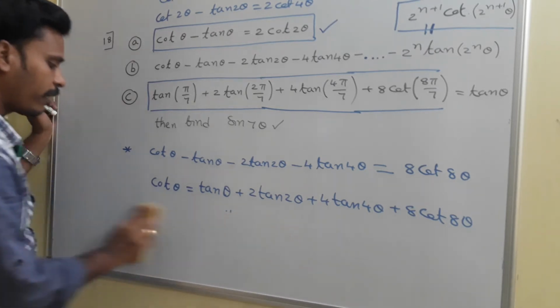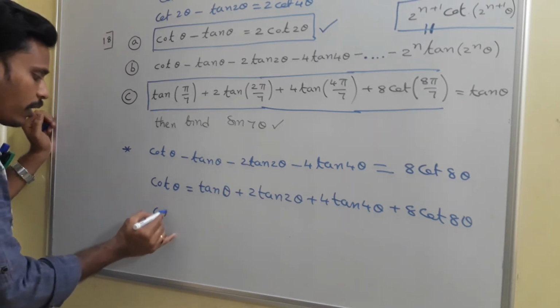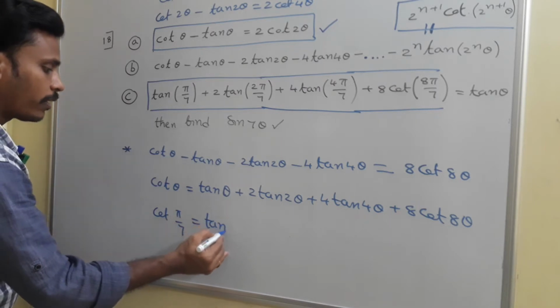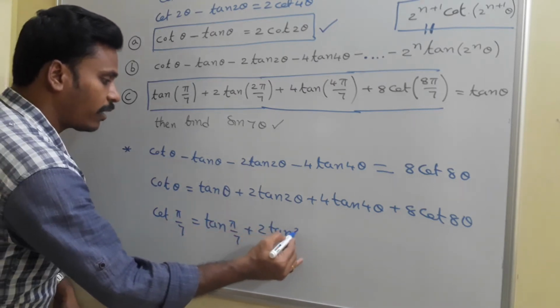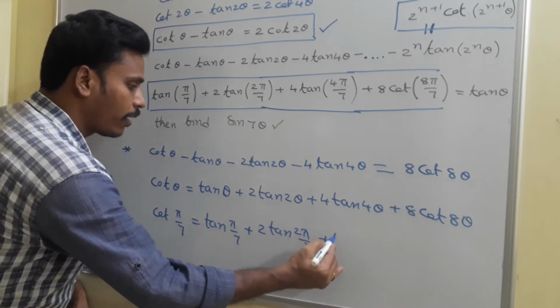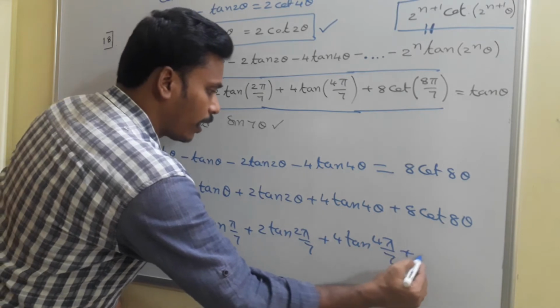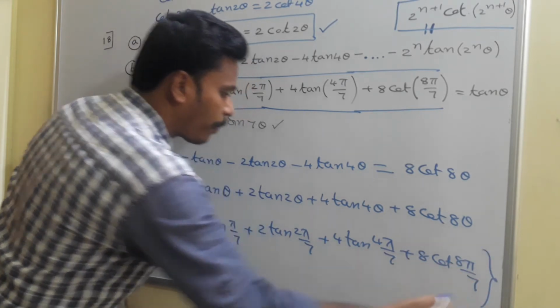If θ is equal to π/7, then cot(π/7) is equal to tan(π/7) + 2 tan(2π/7) + 4 tan(4π/7) + 8 cot(8π/7).